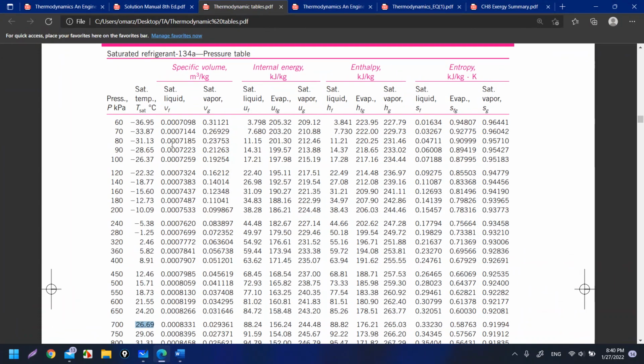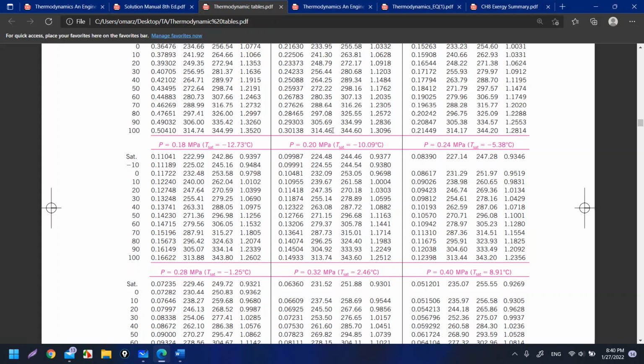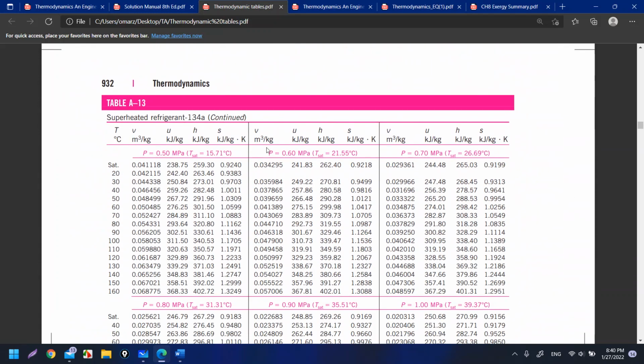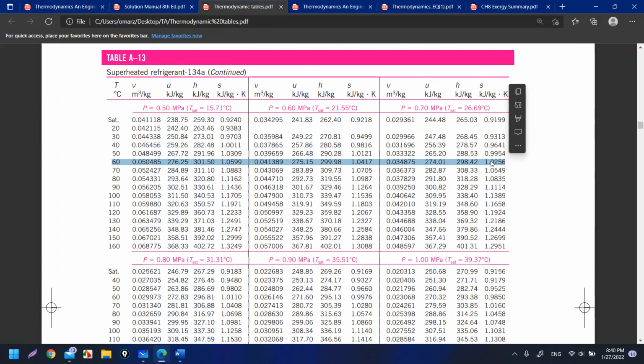I will go to the superheated table at 0.7 megapascal, at 60 degrees Celsius, and I can get V1, U1, and S1.